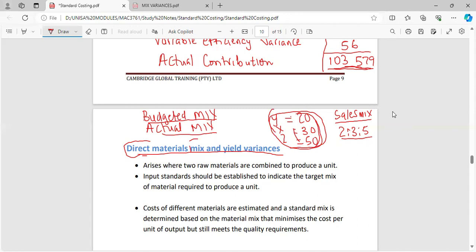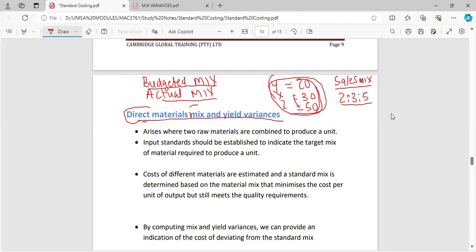So let's see what these guys say on the direct mix variance. They say it arises where 2 raw materials are combined to produce a unit. It's still the same like how we were doing the variance, but the only difference now is we have 2 raw materials.